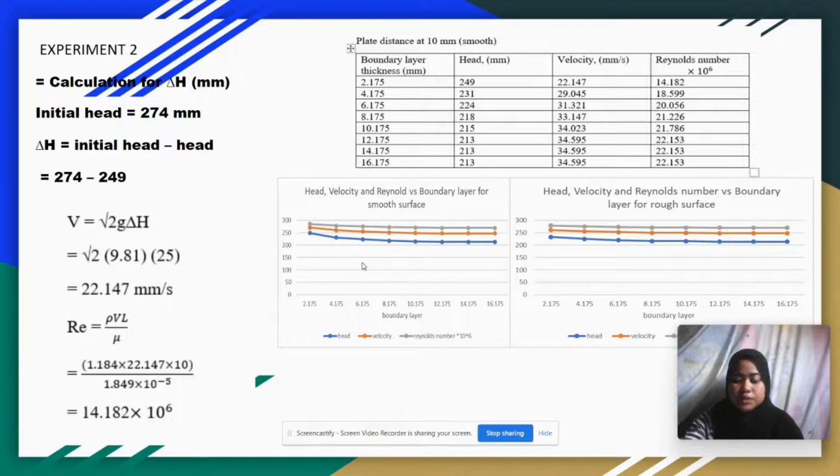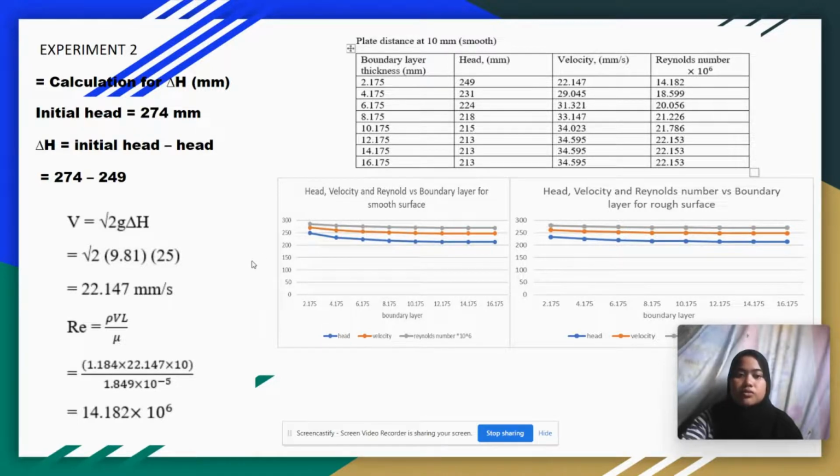Next, experiment 2, which is flow over a flat plate. In this experiment, we need to plot the head velocity and Reynolds number versus boundary layer thickness for the smooth and rough surface.